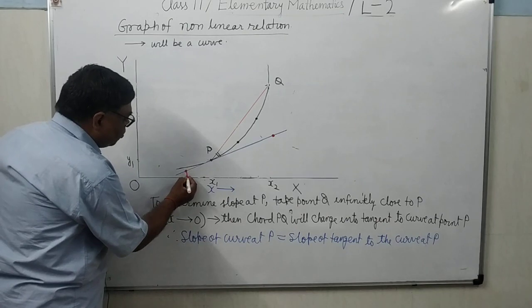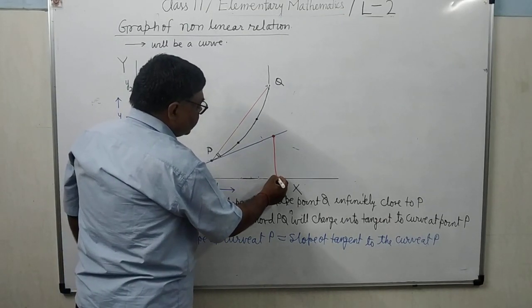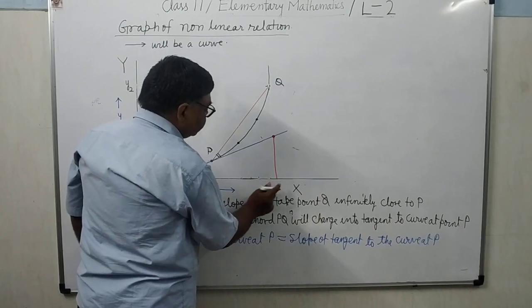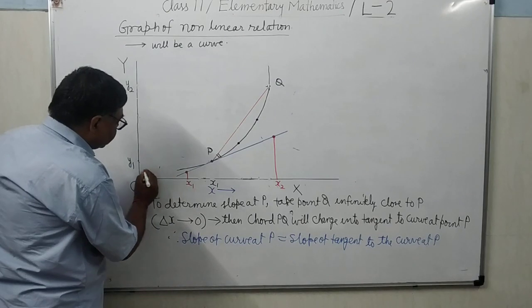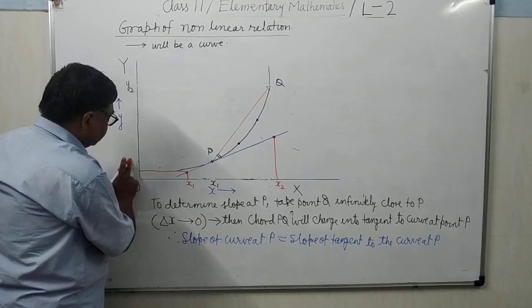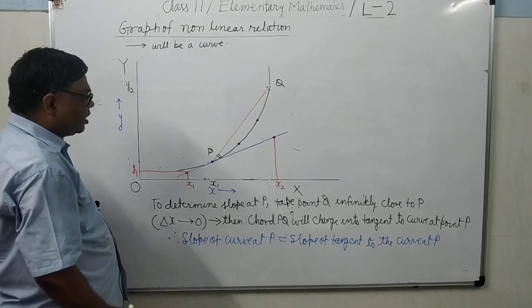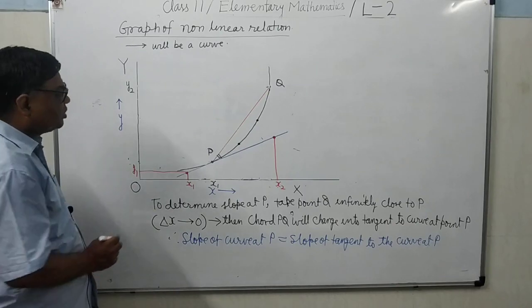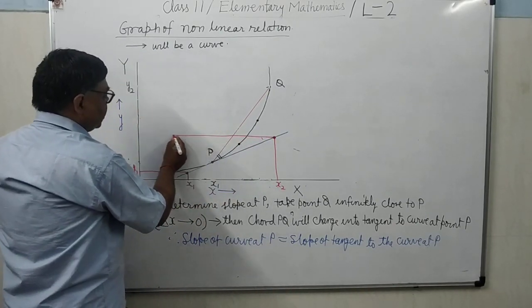What is their value? This is x1. What is here? It is x2. What are their y values? This will be y1. Now we will not take the points on the curve because we have to find the slope of tangent. Therefore, points will be taken on the tangent.